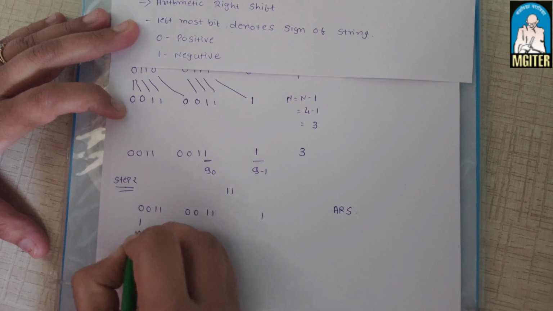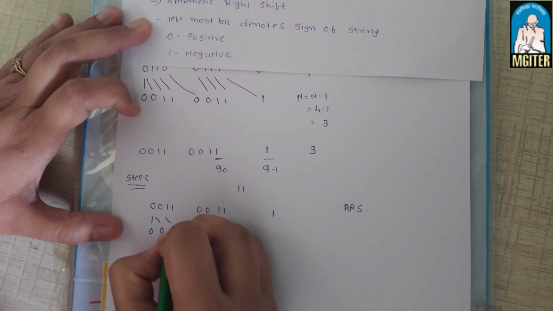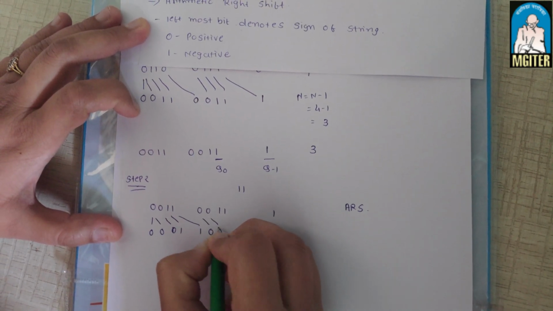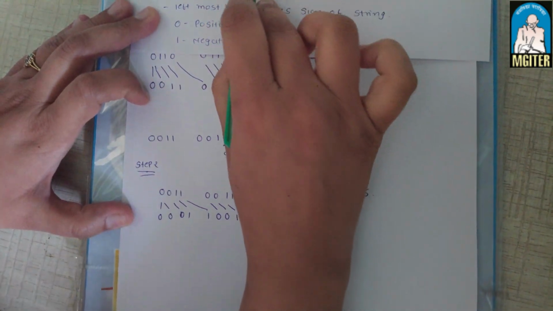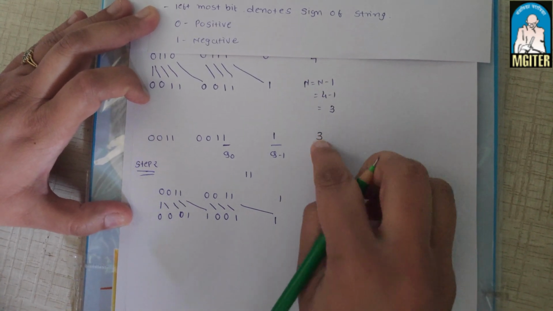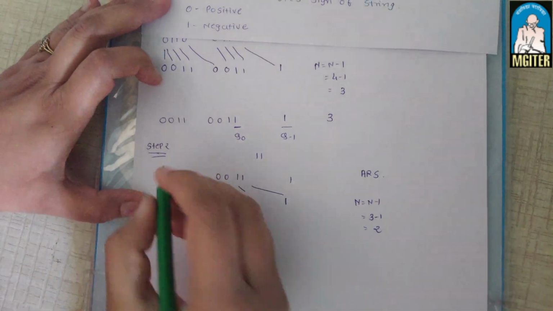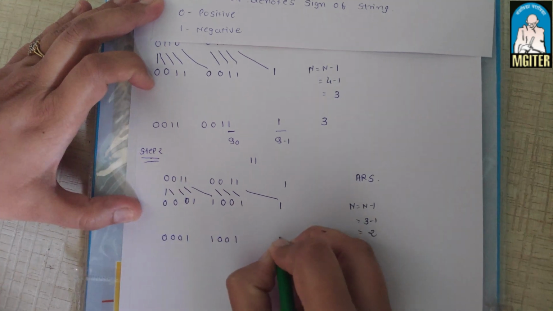After the shift, we get 0, 0, 0, 1, 1, 0, 0, 1, 1. After the arithmetic right shift, again N is equal to N minus 1. So our N is 3, 3 minus 1 we got 2. After step number 2 we got 0, 0, 0, 1, 1, 0, 0, 1 and 1.